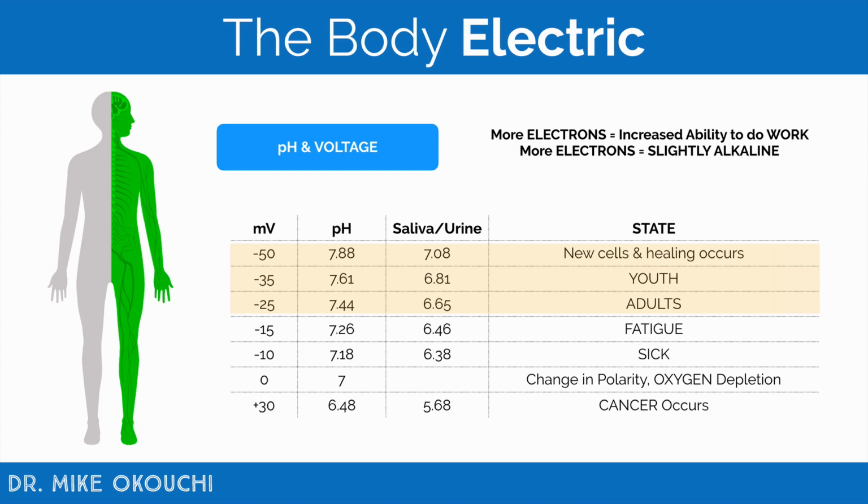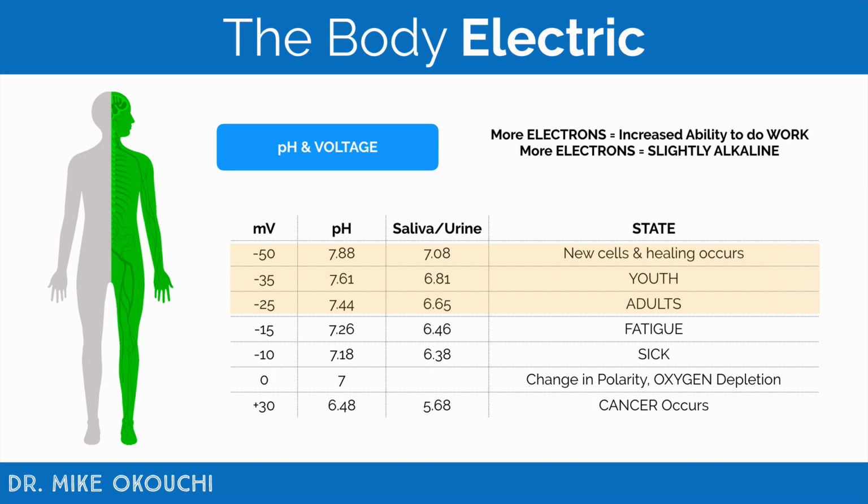And what he found was that at the moment one of the limbs was severed, they started to change the voltage, and the voltage would create a healing process. And this actually happens in any living organism. The pH will change to increase the voltage flowing to that area. You just need more electrons.